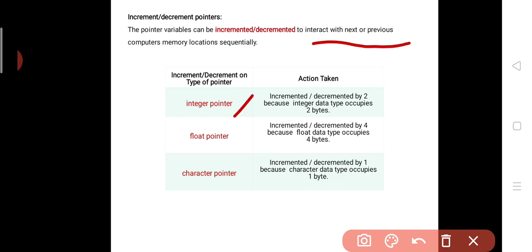If it is an integer pointer, then it is incremented by 2 bytes. If it is a floating pointer, the increment or decrement is by 4, because the float data type occupies 4 bytes. And for a character, increment and decrement will be done by 1, because the character data type requires 1 byte of memory.